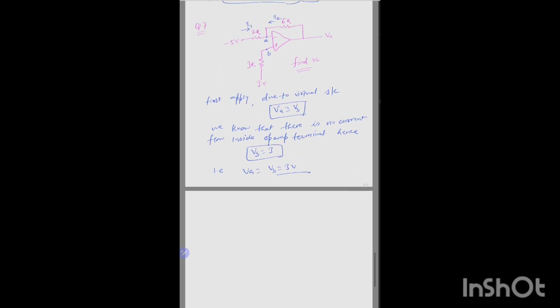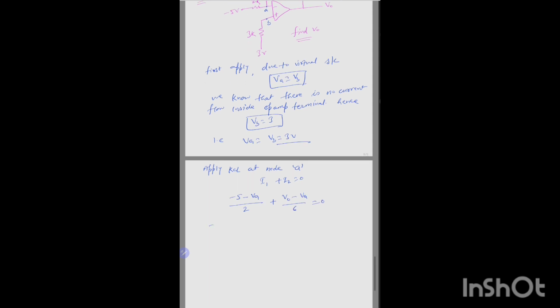Now apply KCL at node A. I1 plus I2 is equal to 0. I1 is equal to what will be? Minus 5 volt minus VA upon 2, plus I2 is equal to V0 minus VA upon 6, is equal to 0. And minus 5, VA is equal to 3 volt, upon 2 plus V0 minus VA, equal to 3 volt, upon 6 is equal to 0.